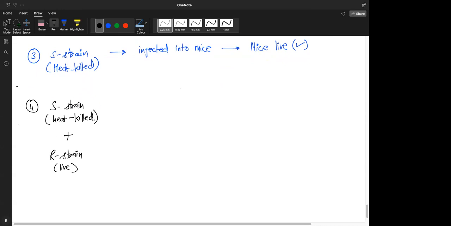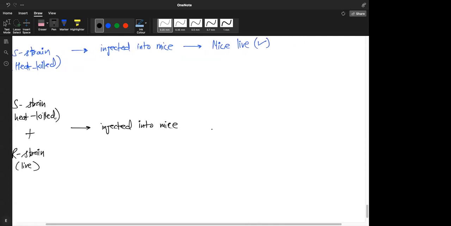Now, heat killed S strain and live R strain, both of them alone, individually, were not lethal. So he thought, if I inject them into the mouse, nothing will happen. So he injected into mice. And what do you expect normally?